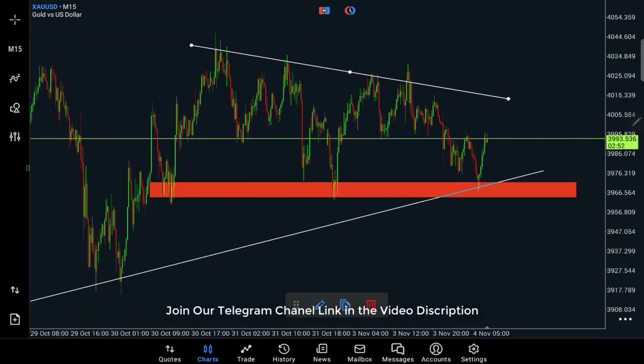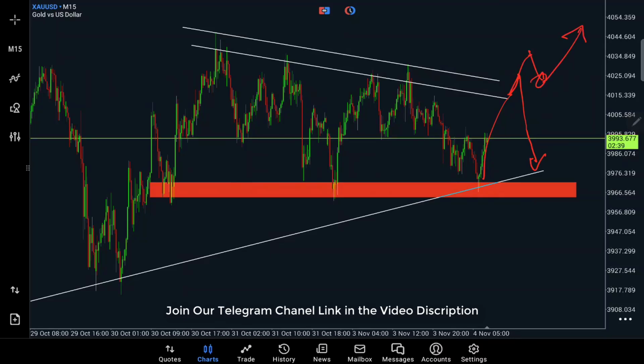If I make another clone, this is our particular area, which means the market can go up to this area or this area, then it can go down. Or if it gives us a breakout, we will wait for a pullback, then take a buy entry over here. With a single confirmation like pullback confirmation, candle, trend line or support and resistance confirmation, we can take an entry in the particular area.